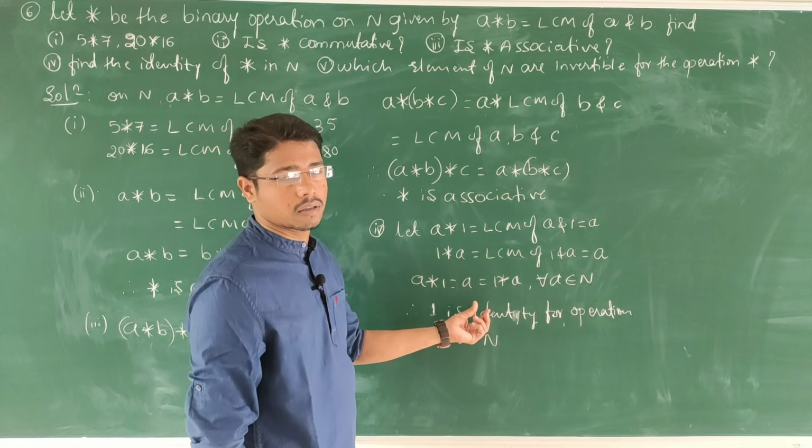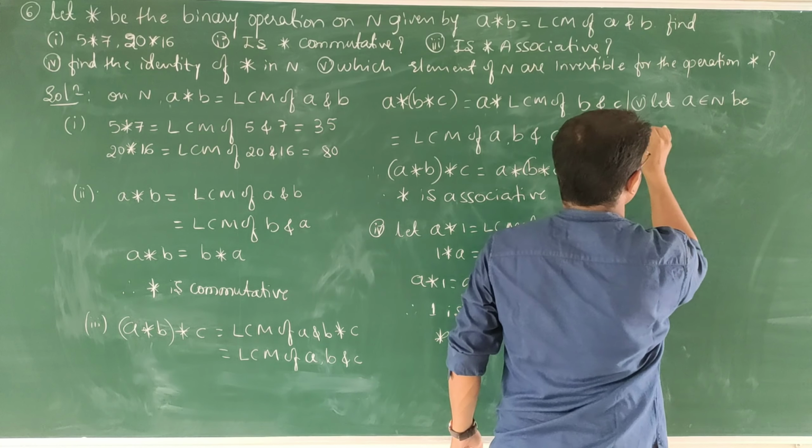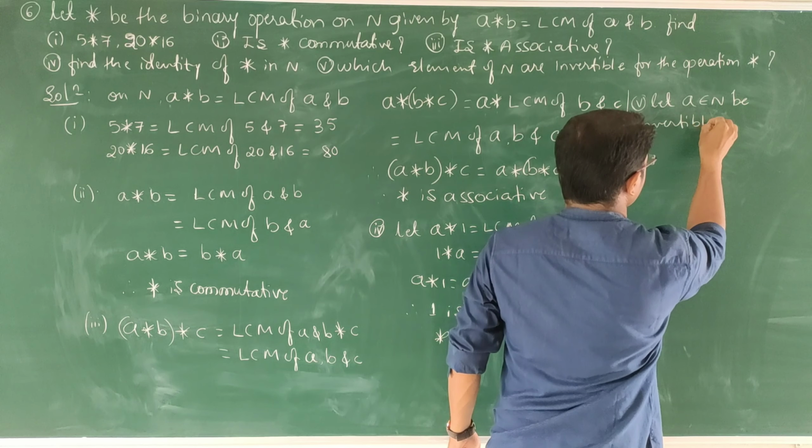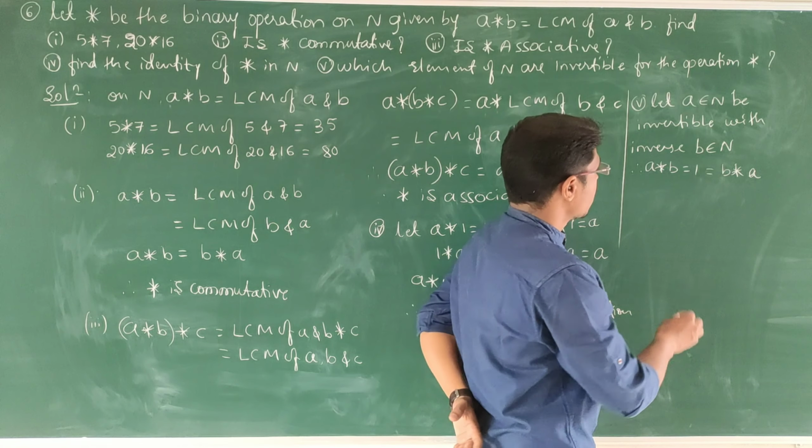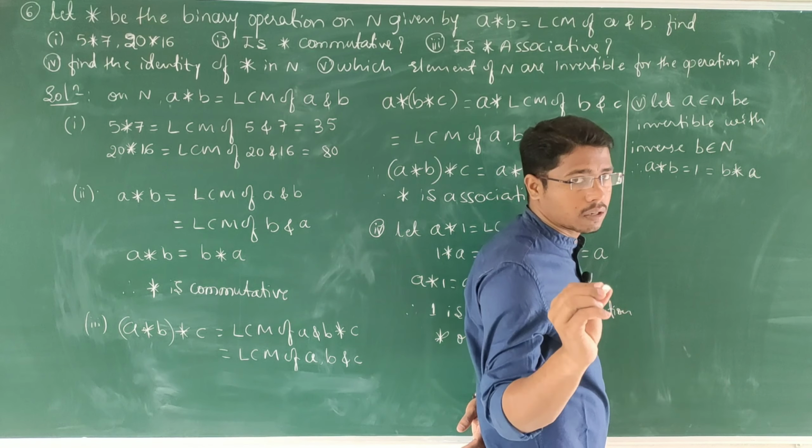Let a belonging to N be invertible with inverse b belonging to the set of natural numbers. Therefore a star b equals 1, which equals b star a. Here, a star b equals 1 when b is the inverse of a. In the set of natural numbers, for the LCM of a and b to be 1, both a and b must be equal to 1.